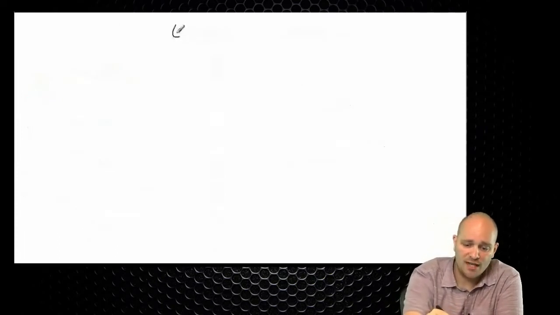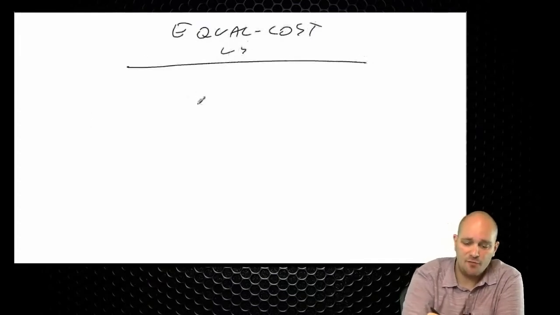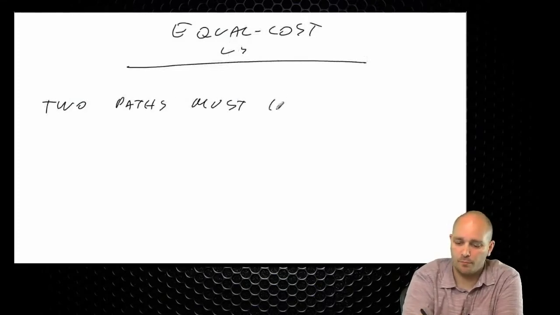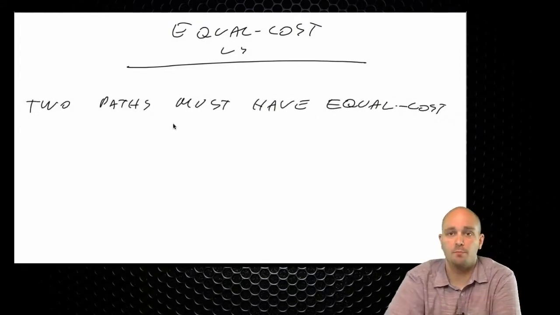So for equal cost load sharing, if you have two paths, they must have equal cost. That's it. This is what you need to satisfy in order to implement equal cost multipath or load sharing.